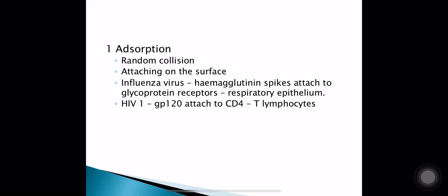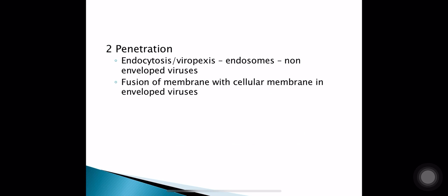Another example, HIV-1 virus, it has GP120 receptor on its surface. This receptor of HIV-1 binds with CD4 receptor on the surface of T lymphocytes. So this way, because of corresponding receptors in both the cells, there is binding between the virus and the host cell. This step is known as adsorption.